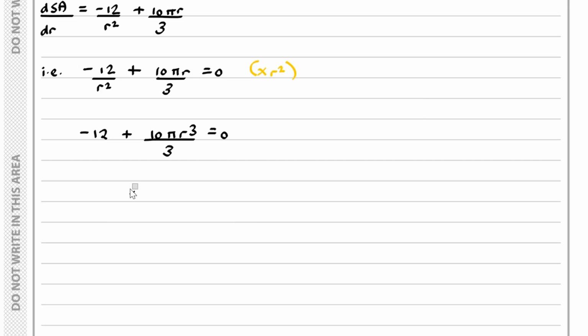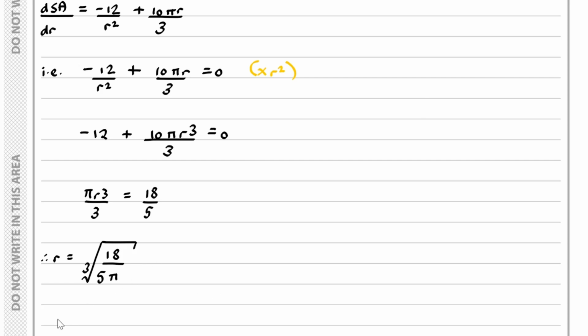We have pi r cubed over 3, and that's equal to 18 over 5, and therefore r is equal to the cube root of 18 over 5 pi. Okay, so that is our final answer.